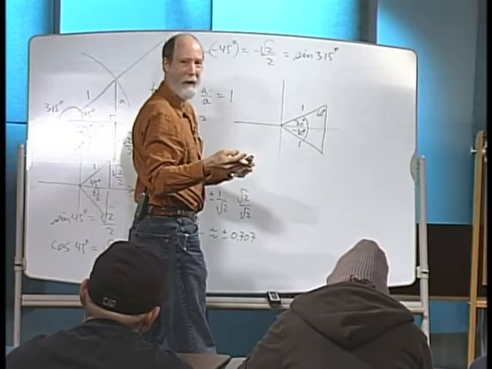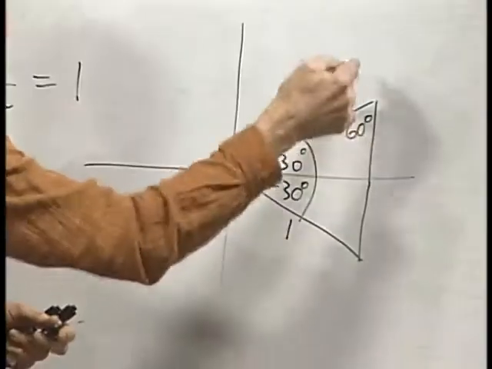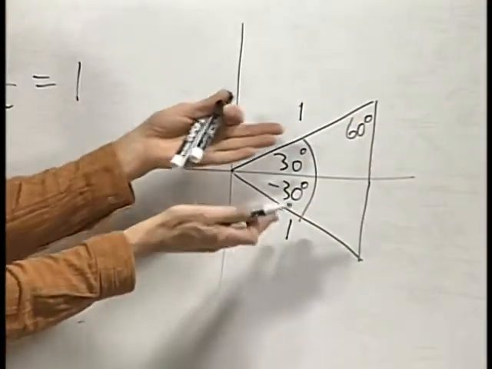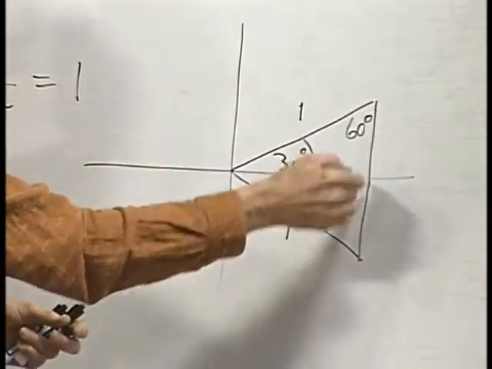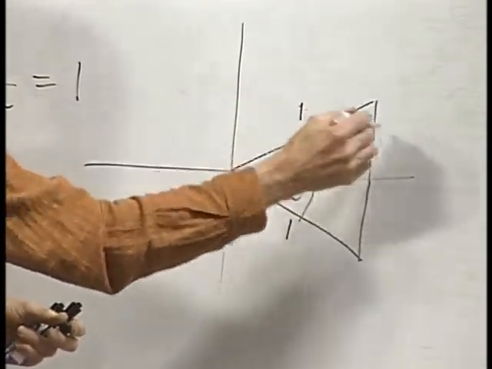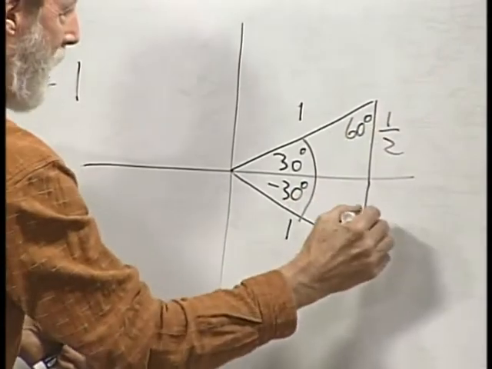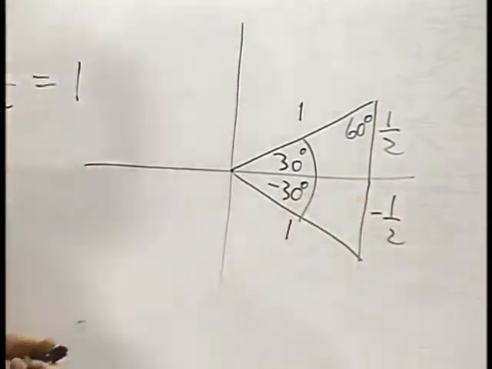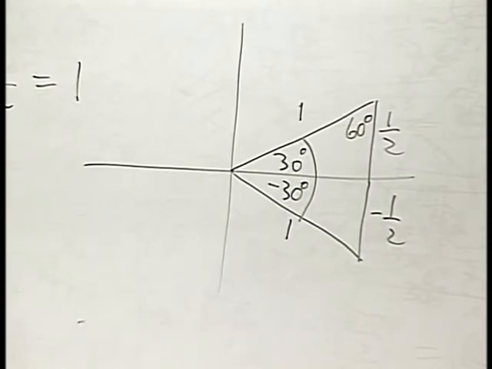So all three sides are equal, and you see the symmetry? Therefore the height right here has to be clearly a half. And that one has to be negative 1/2 if you think of it in terms of the y reading. Simple. We like that.